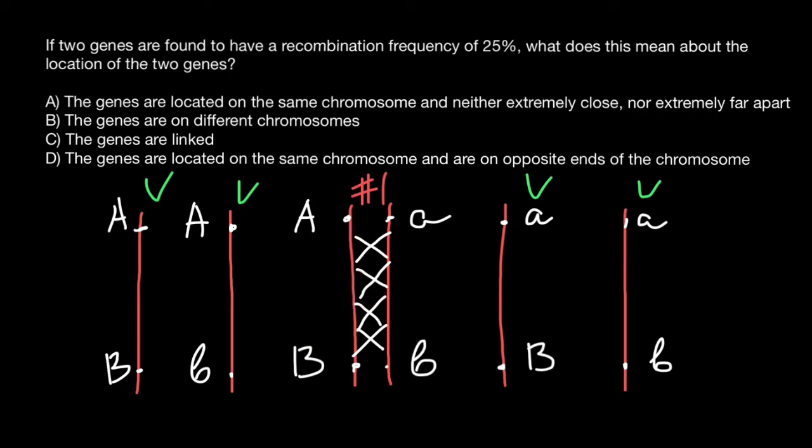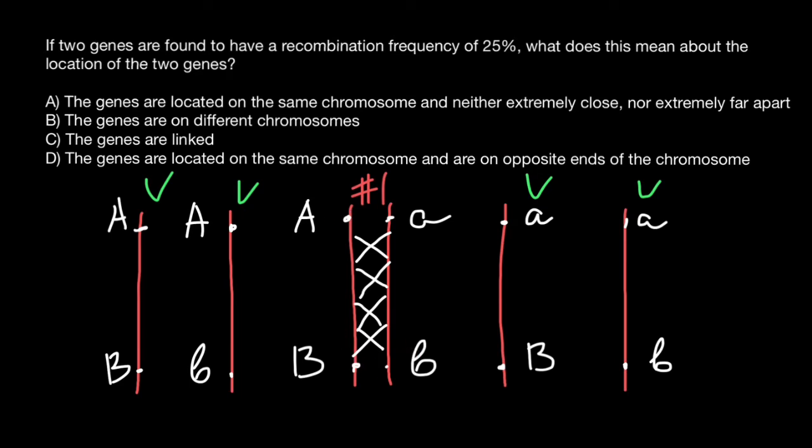If an odd number, for example 1, 3, 5 and so on, we are going to get recombinant variants in the gametes. So you never can get recombination frequency between two genes of more than 50%, whether it's going to be a new genotype or the same genotype, even if crossing over happens between two genes.